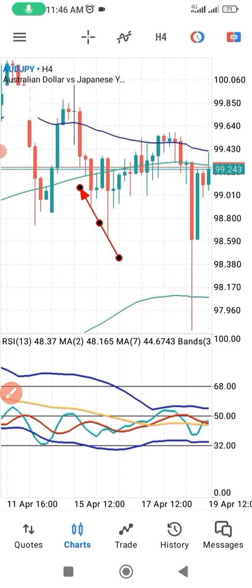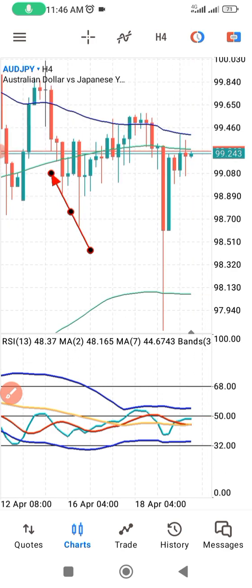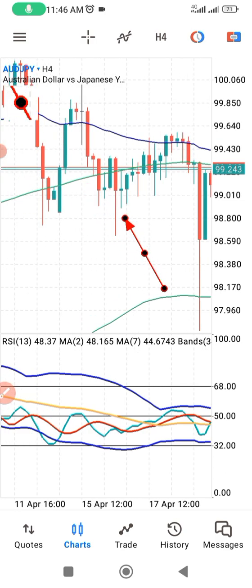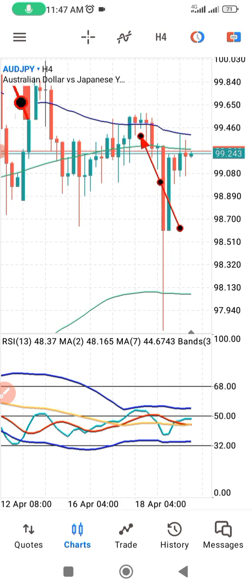And then we proceed, and you see again after this incident the price pulled back another time into the moving average, and here it is giving us another candlestick pattern.